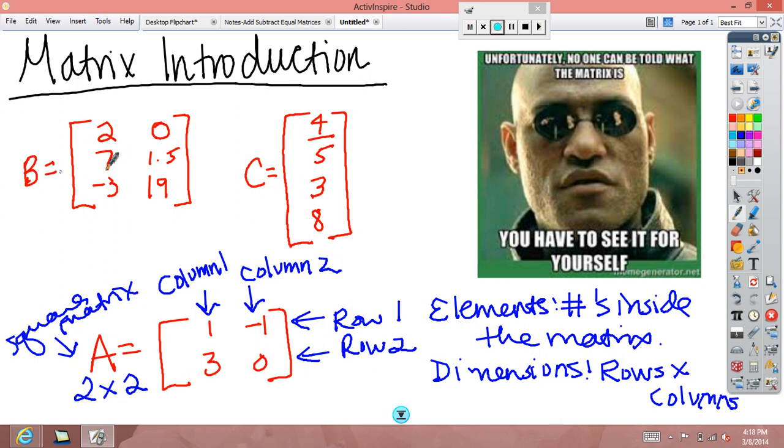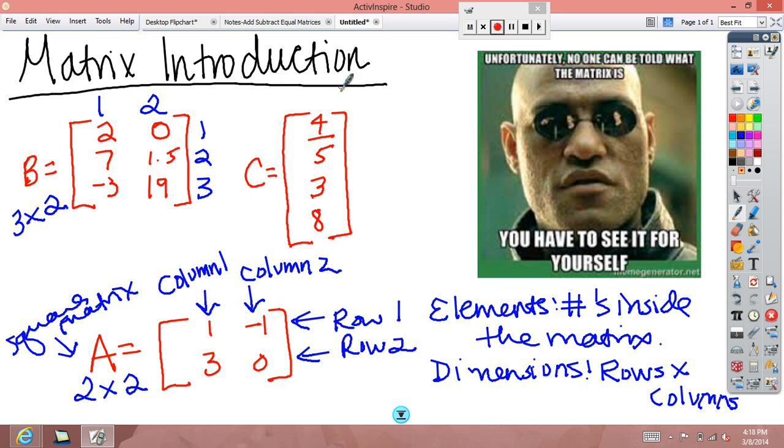Then I have this one, B. Well, let's think. How many rows, how many columns? Well, I see 1, 2, 3 rows and 1, 2 columns. And so, again, rows by columns, B is a 3 by 2 matrix.